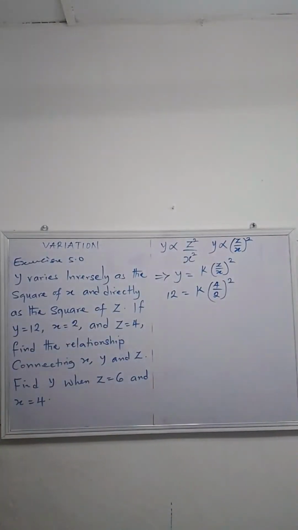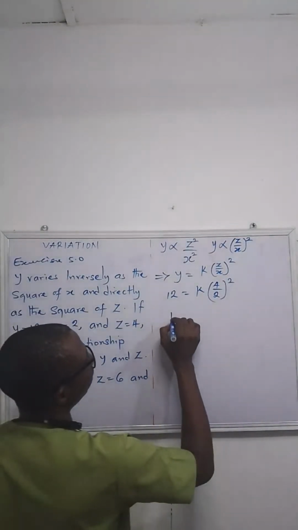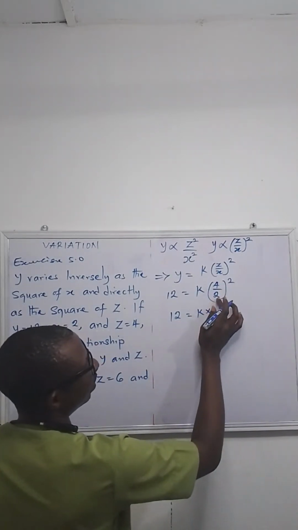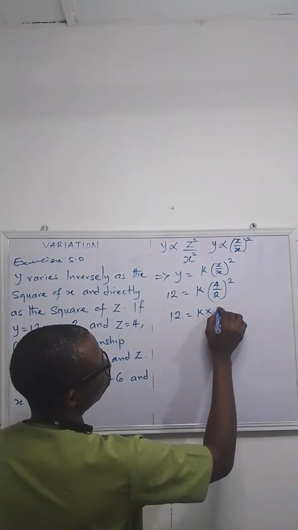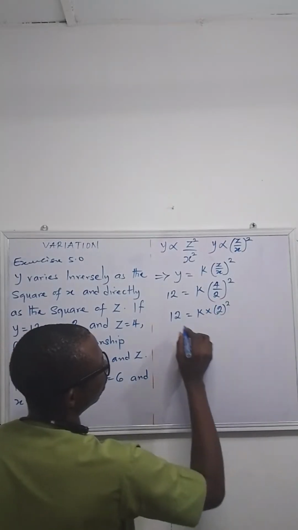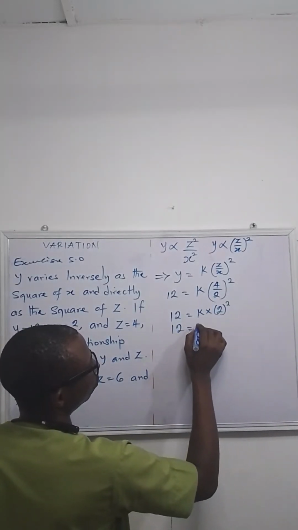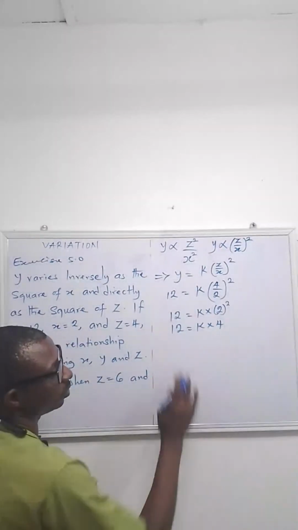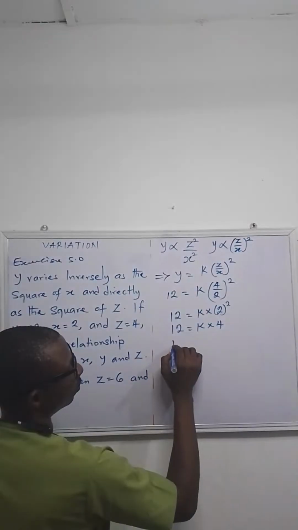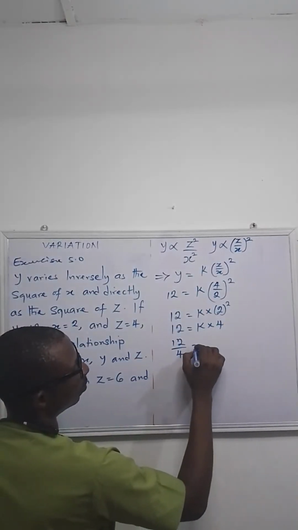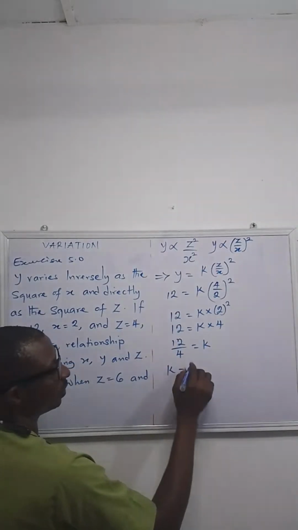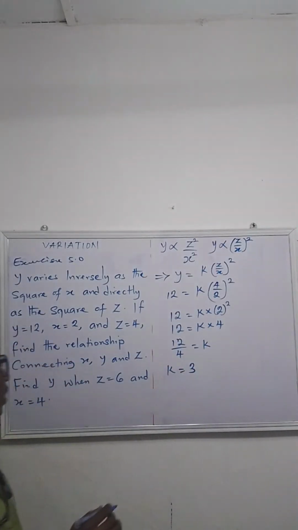Can you see that now? So now we have 12 equals k times 4 divided by 2, that's 2, raised to the power of 2. And that's 12 equals k times 4, since 2 times 2 is 4. So you divide both sides by 4. You have 12 over 4 equals k. So k equals 3, since 4 goes into 12 three times. Right? So that's what we have.